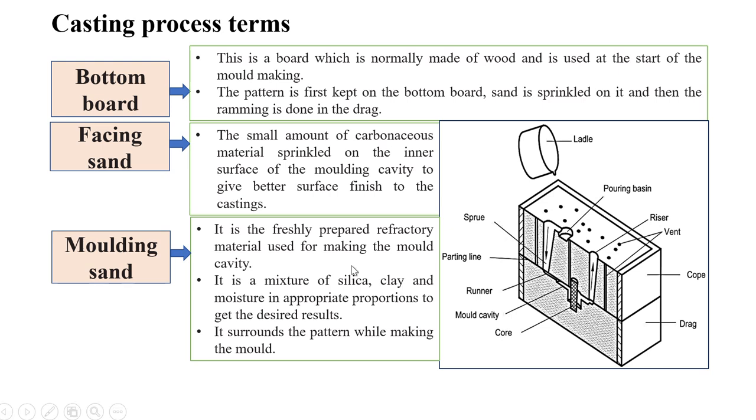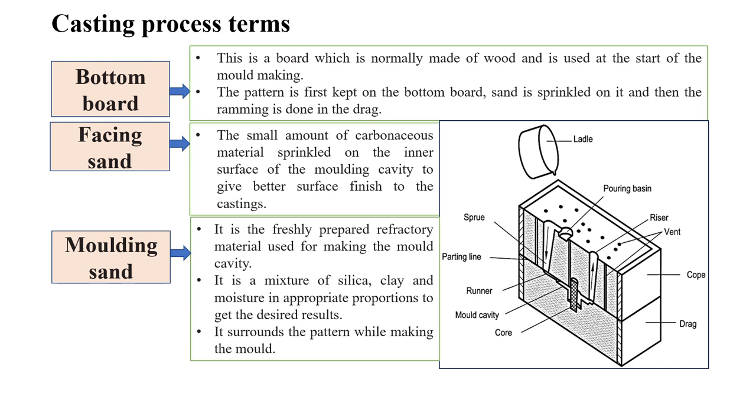Generally the molding sand we use comes from river banks, and sometimes from the estuary. So generally all the foundries located near rivers get their molding sand from the nearby rivers.